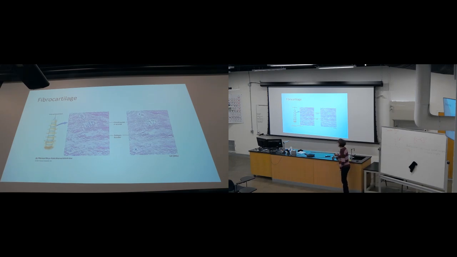Fibrocartilage is a stronger cartilage than the hyaline. We have it in particular areas of our body, like in between the bones in the spinal column. So this will be what we call the intervertebral discs.